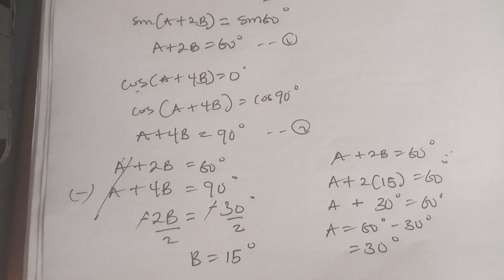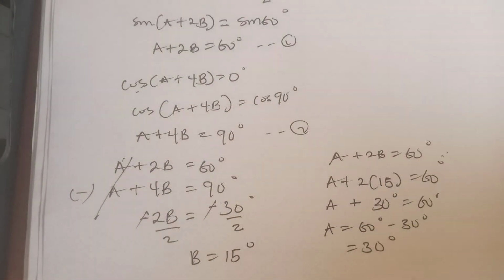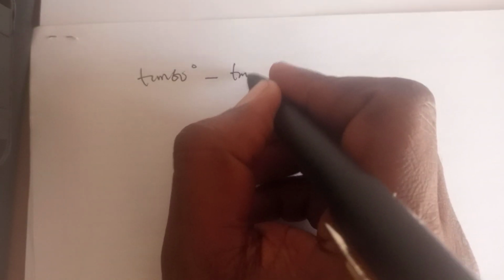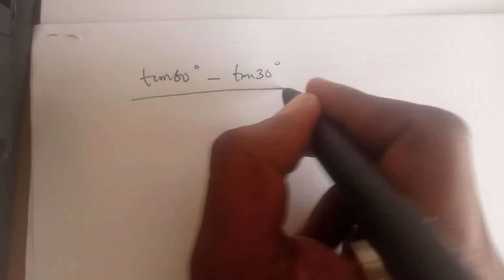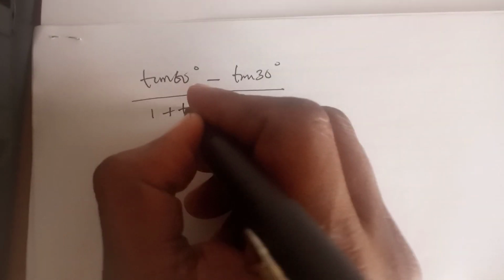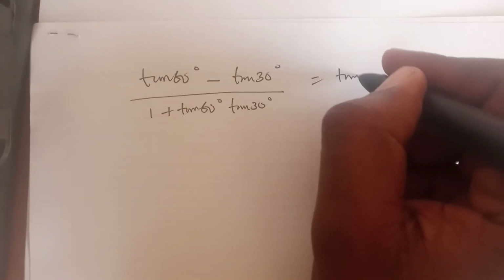Now let's solve the third question. In the third question, we were asked to verify that tan 60 degrees minus tan 30 degrees over 1 plus tan 60 degrees tan 30 degrees equals tan 30 degrees.